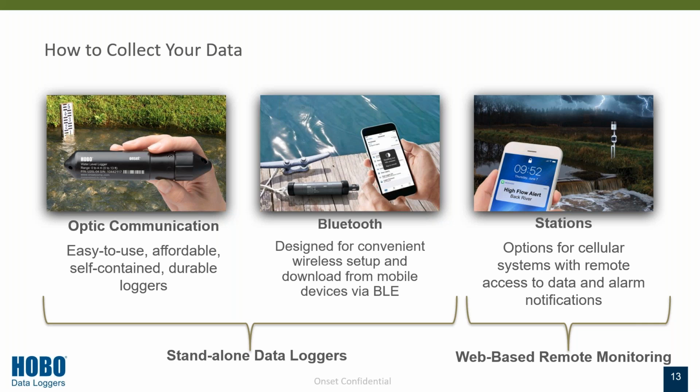These standalone loggers are going to consist of your optical loggers that you see here on the left, and then the Bluetooth loggers that you see here in the middle. The optical loggers on the left are going to require additional equipment in order to offload your data. So think of something like your waterproof shuttle or your base station.